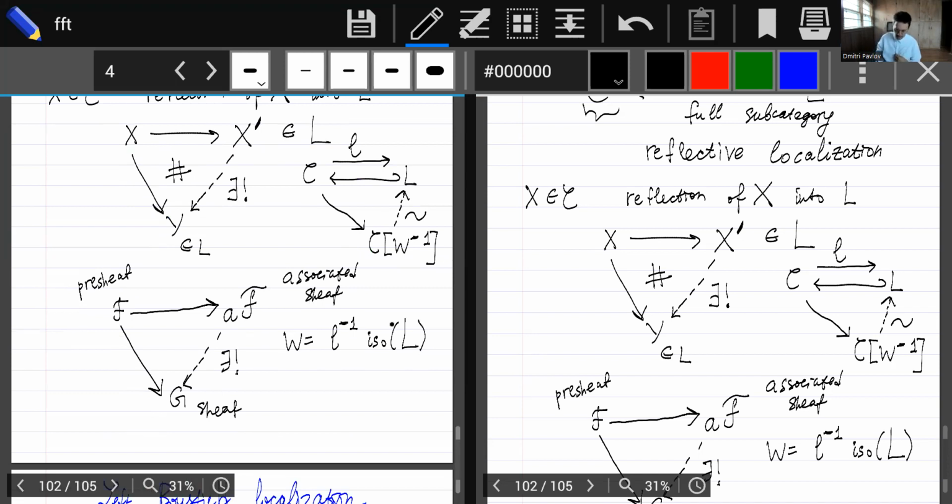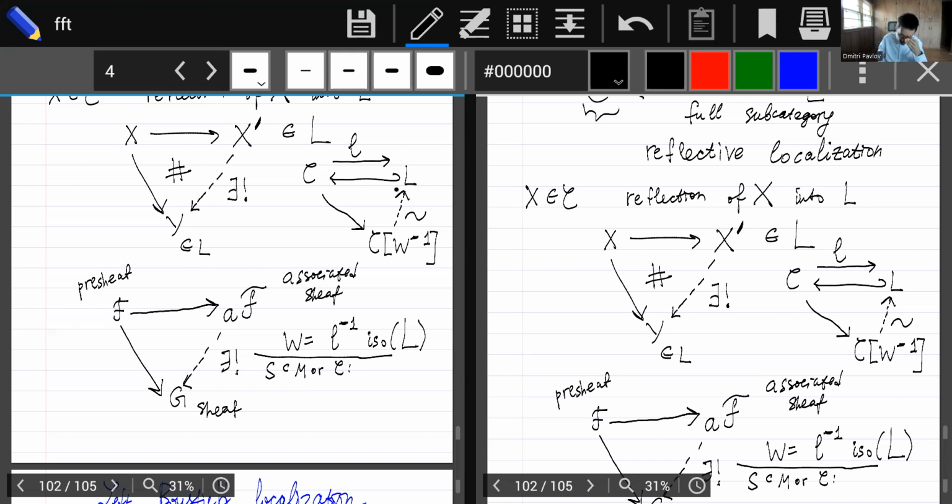A typical way to construct reflective localizations is to pick a class of morphisms S in C. And then you can ask for a universal way to invert morphisms in S so that you get a reflective localization.